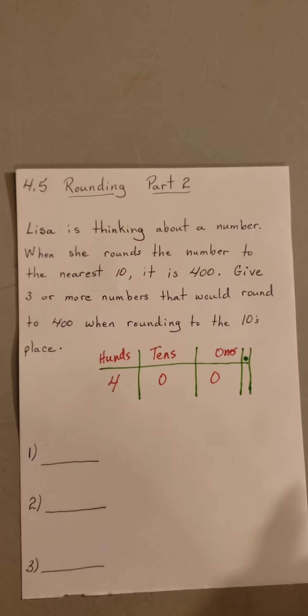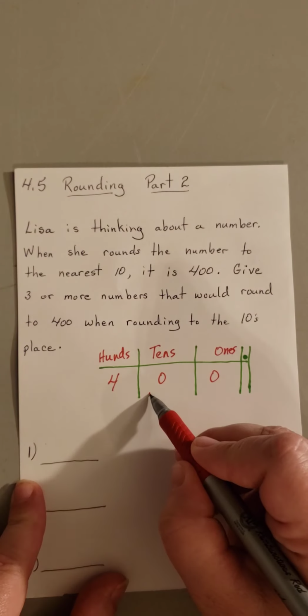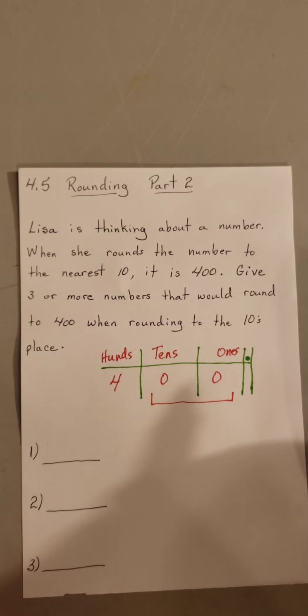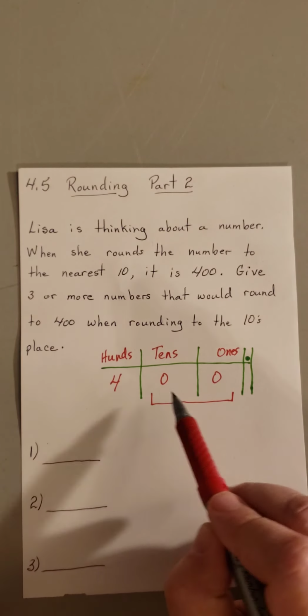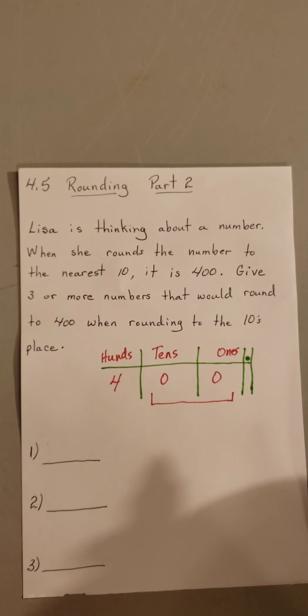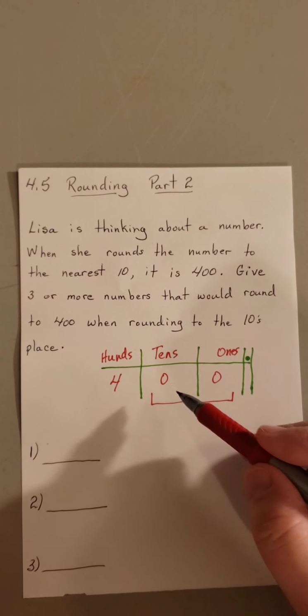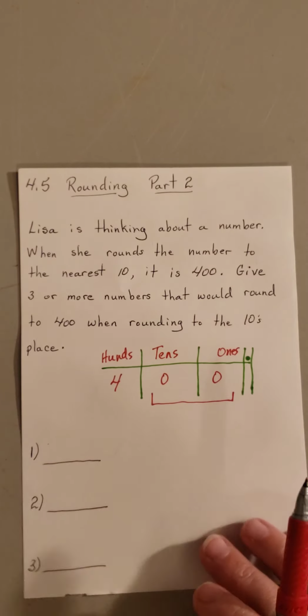So now we have to figure out if we're rounding to the nearest tens, that's right here, what numbers would get us, or keep us rather, at 400 if we're rounding to the nearest 10. So that would be either 10 bigger or 10 smaller, but it would still be close enough that it would equal 400.